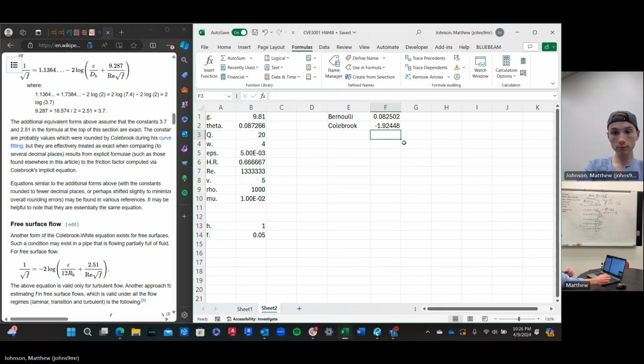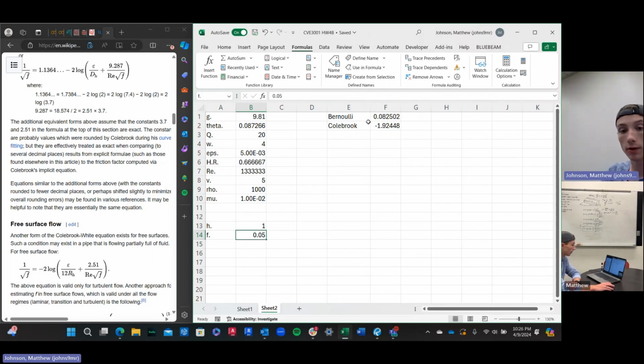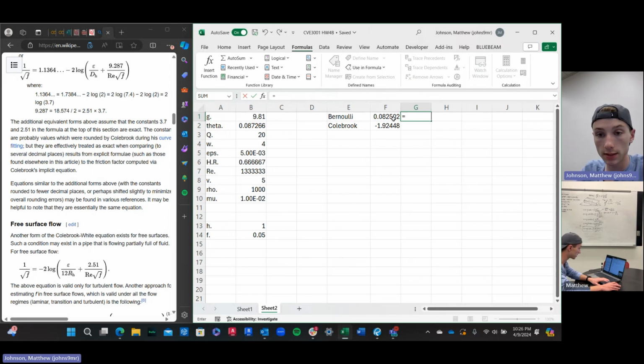Now, obviously these aren't the correct guesses for height and friction factor. If they were, these would be 0, right? So what we can do is a sum of squares error to optimize these two equations. Remember, these should both equal 0 ideally.